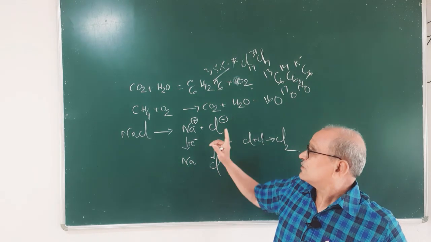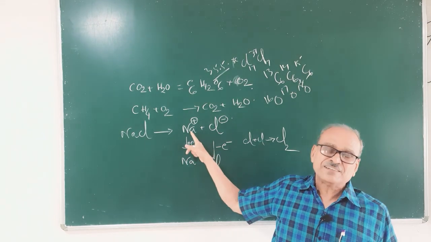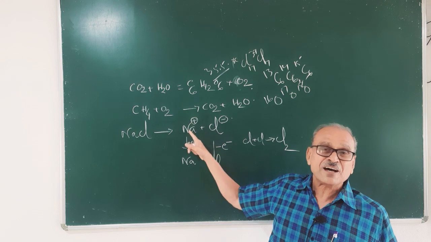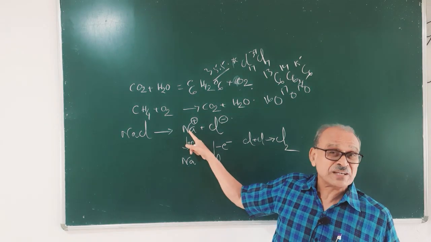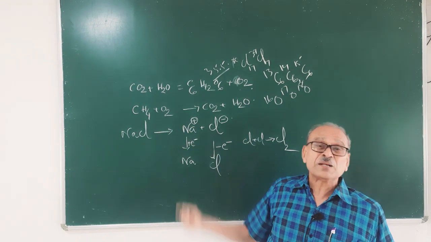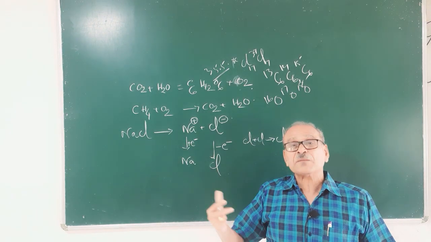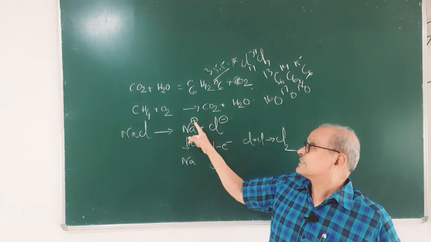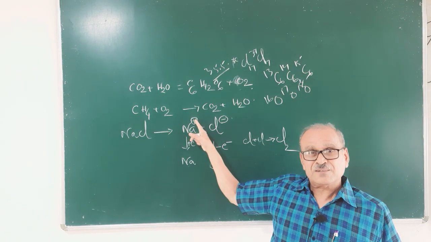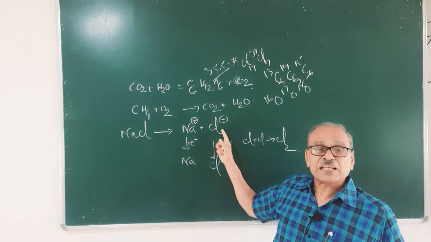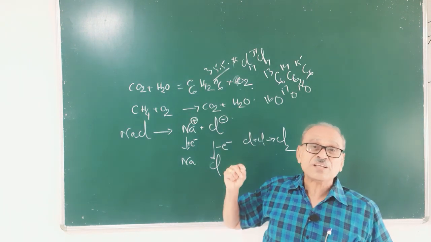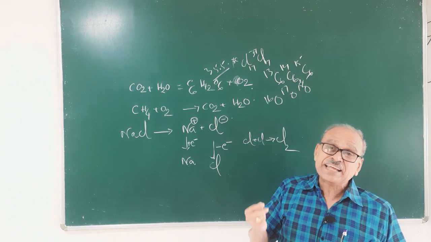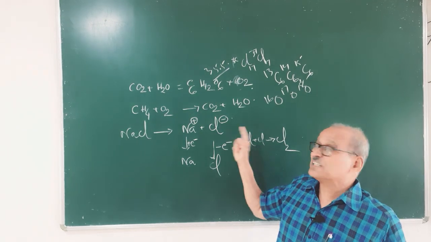In the case of the sodium ion, Na+, there are 11 protons in the nucleus and only 10 electrons outside the nucleus. One positive charge is left unbalanced, which I represent as plus. Okay? What about the chloride ion? There are 17 protons in the nucleus of chlorine, whereas 18 electrons outside the nucleus.